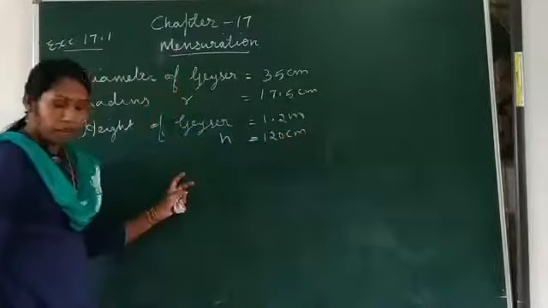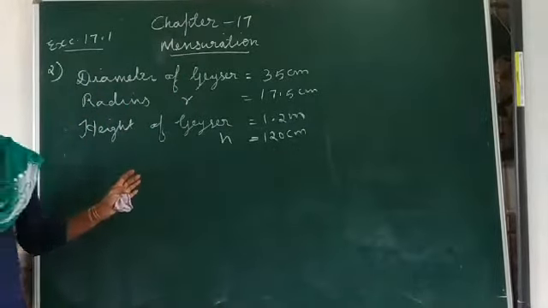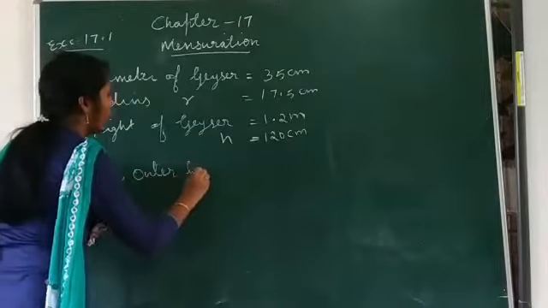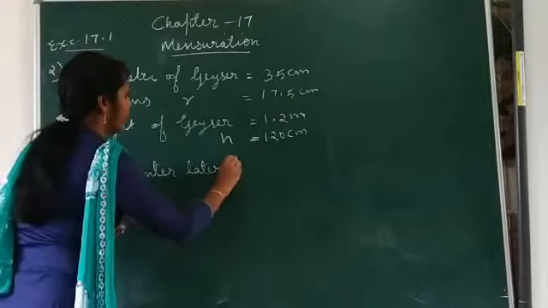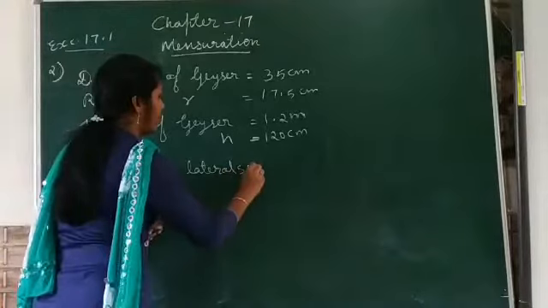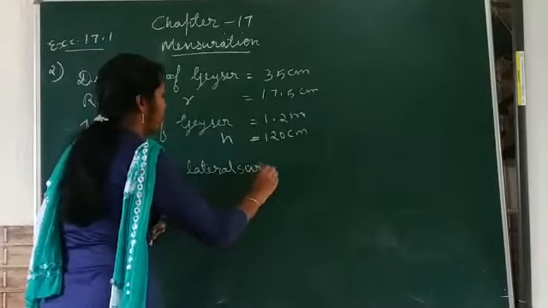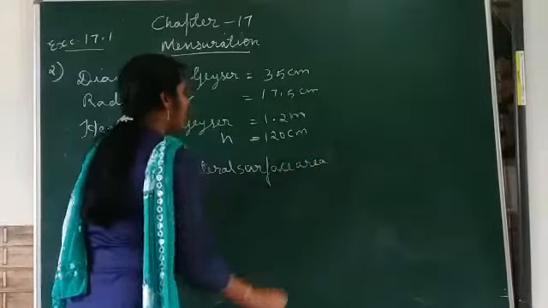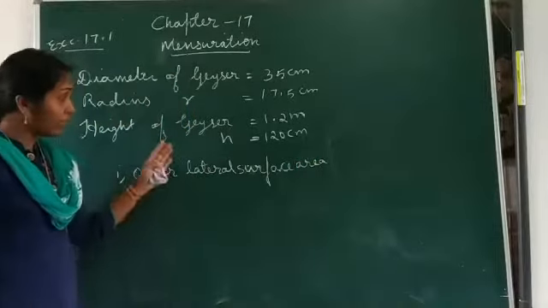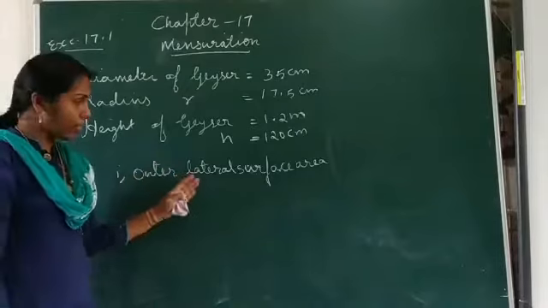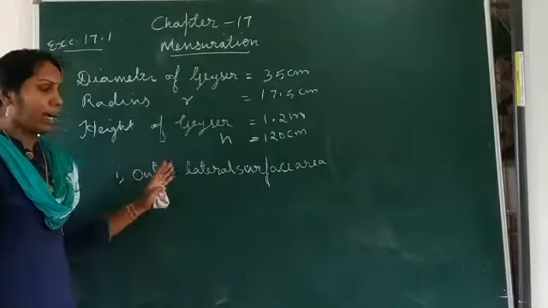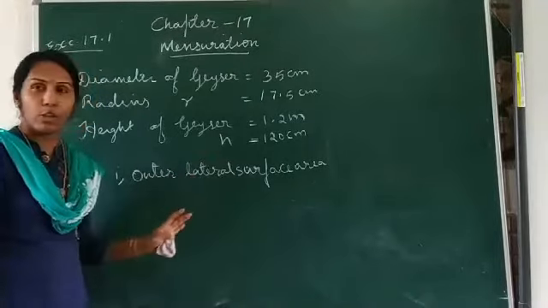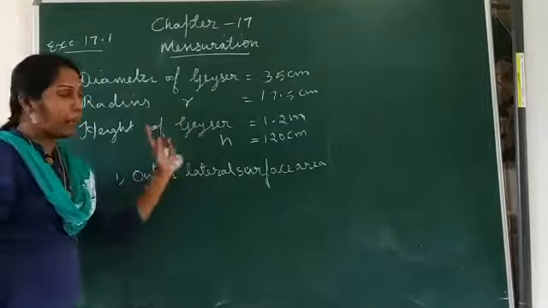Now we have to find out the outer lateral surface area. Here it is given neglecting the thickness of the walls. That is, thickness is very less, we don't have to consider it. So inner lateral surface area or outer lateral surface area, whatever it is, it will be the same. We can use the same r for that.